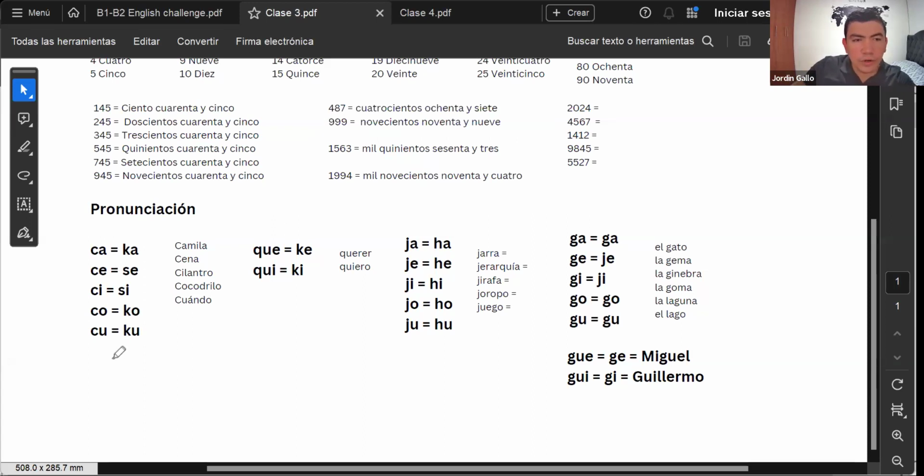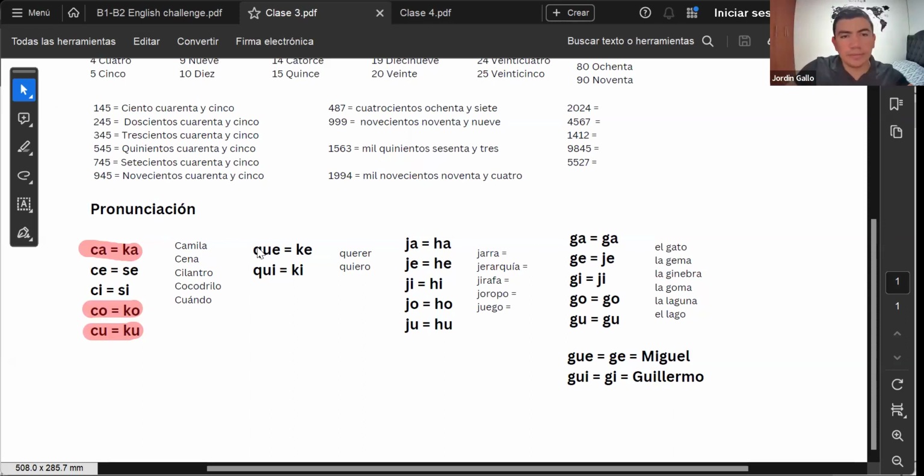We are going to learn the sounds of the letter C plus the vowels. So if we have C and A, C and O, and C and U, we are going to do the sound of K. So we say Ka, Ko, Ku.